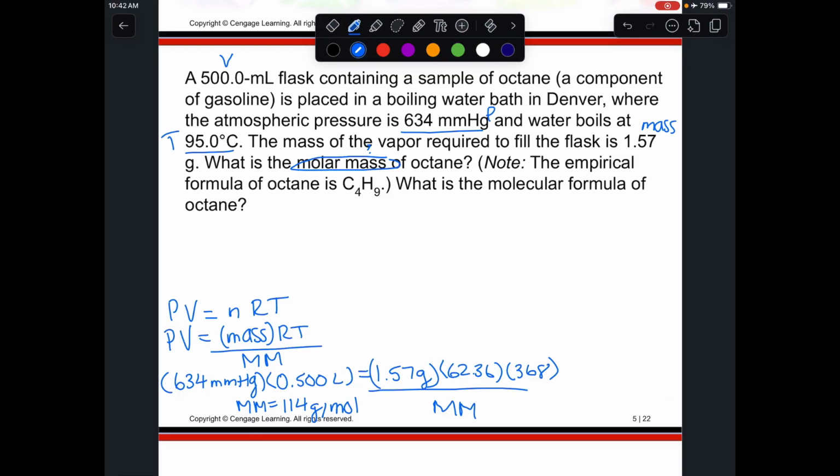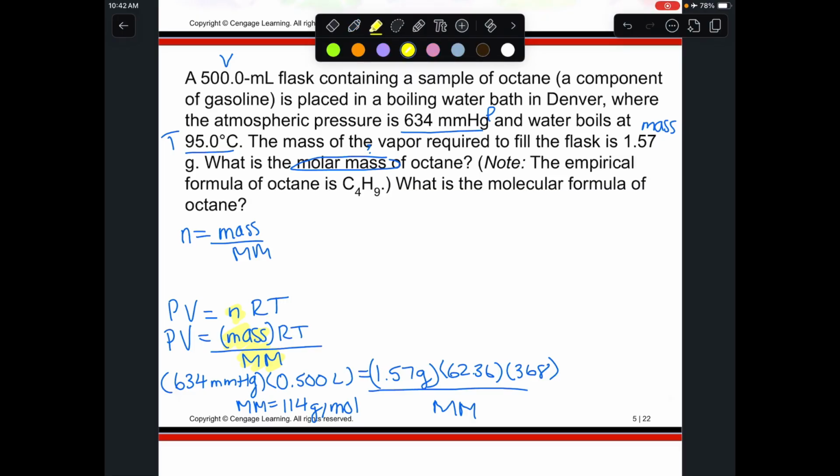So I'm going to go ahead and utilize my equation PV equals nRT, but I'm going to replace the n, just like we did a couple slides ago, with mass divided by molar mass. And remember, that is a derivation of the equation n equals mass over molar mass. Okay, so we rearrange that. You can go ahead and look above if you need to remind yourself of that. So I went ahead and replaced it, and you can see that I plugged my variables in here.